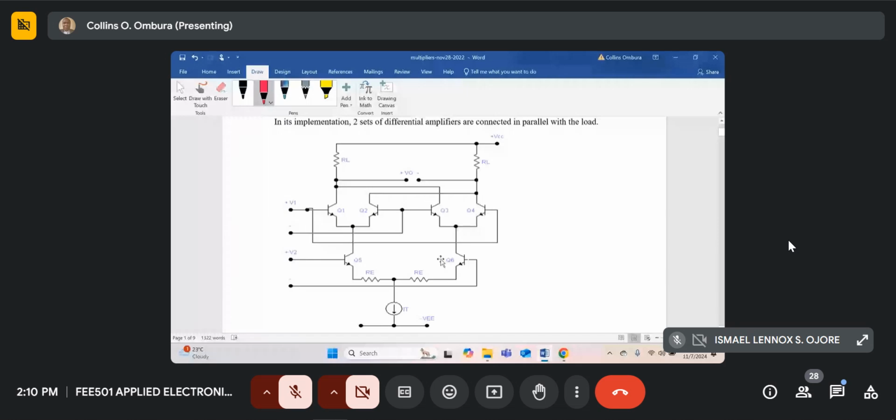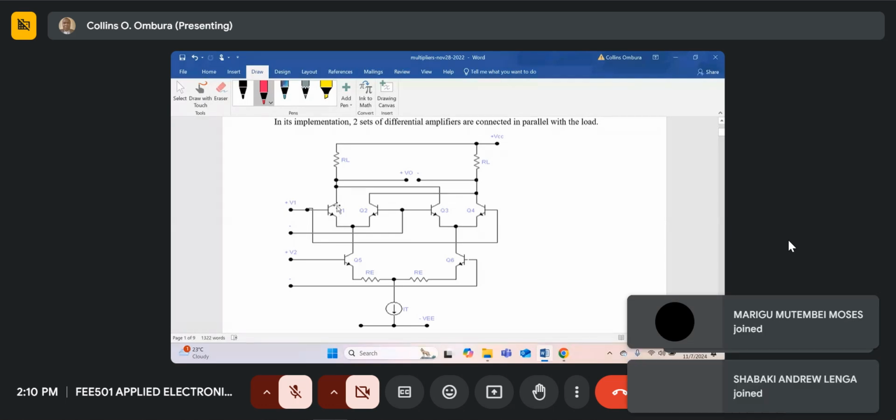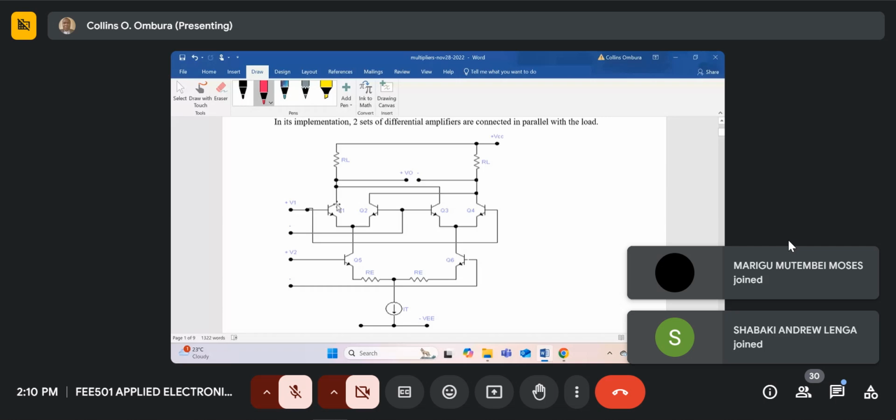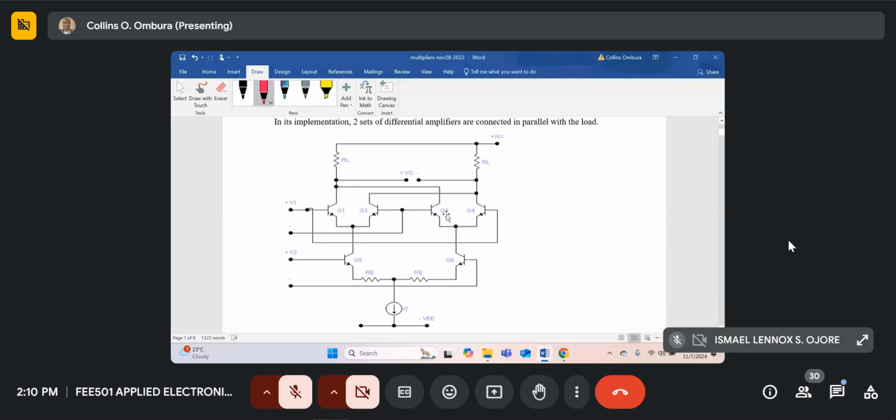So we came up with some equations. The collector current of Q1 plus the collector current of Q2 should give us the collector current of Q5, because of the assumption that the emitter current is the same as the collector current, since the gains of the transistors are very high. So the equations we did are I1 plus I2 equals I5, and I3 plus I4 equals I6.